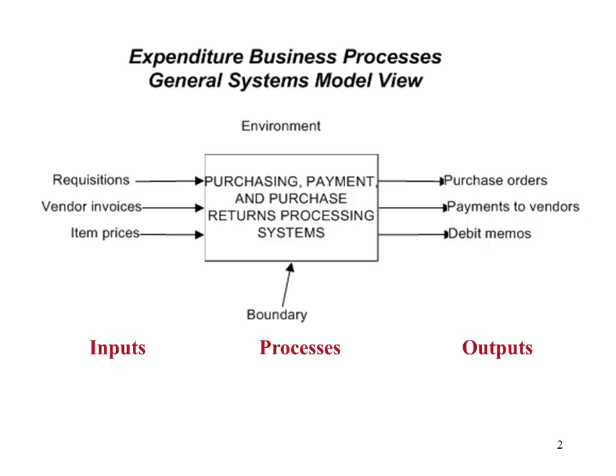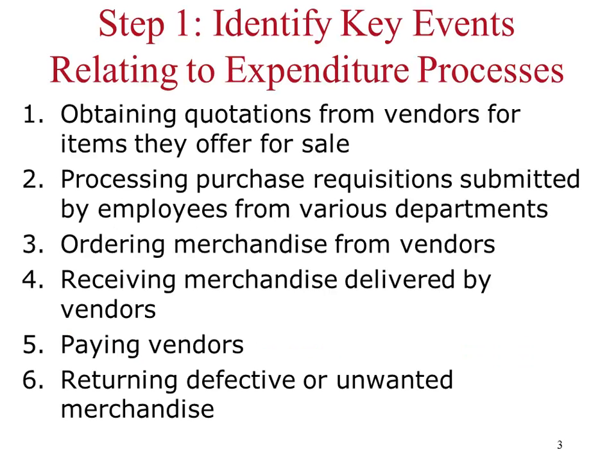What is a debit memo and why do we need it as an output of this purchasing cycle system? Yes, if you return goods, you need adjustments. So debit memos are there for adjustments, for returns, basically. Okay, good.